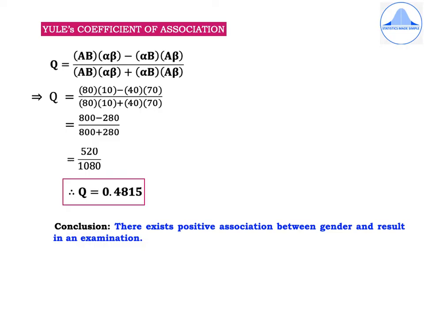Therefore, Q is equal to 0.4815. Conclusion: there exists positive association between gender and result in an examination.